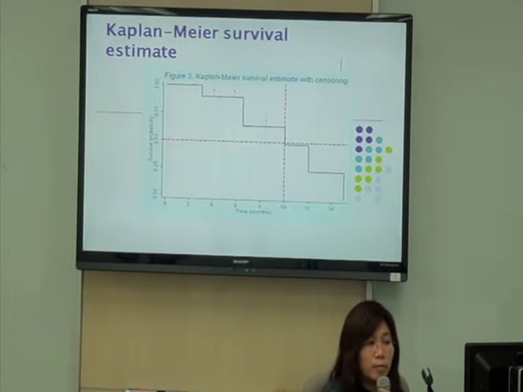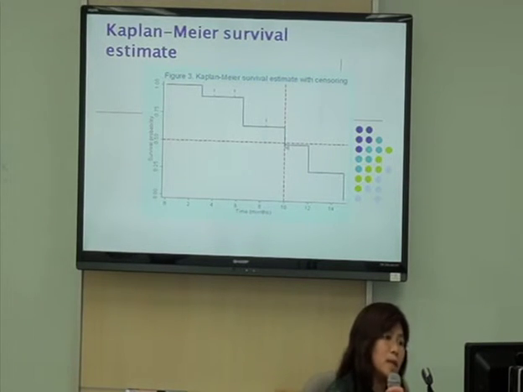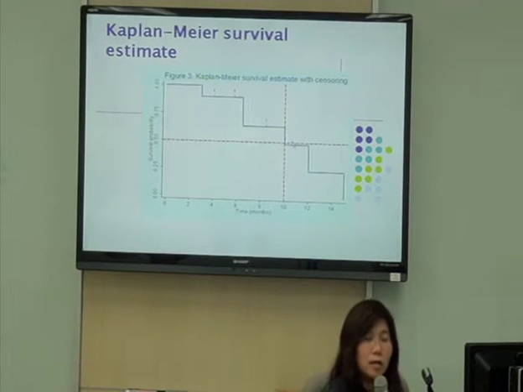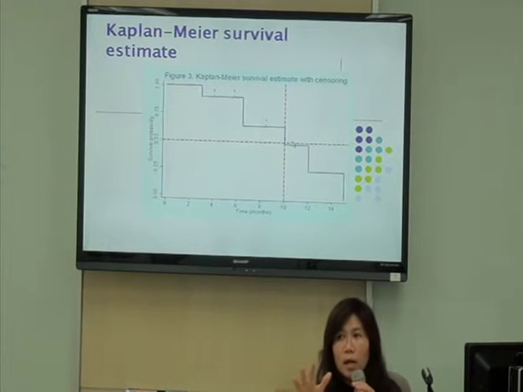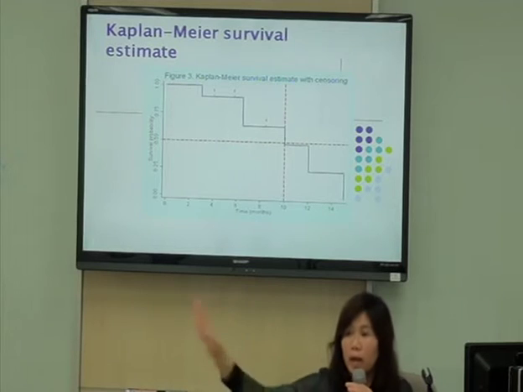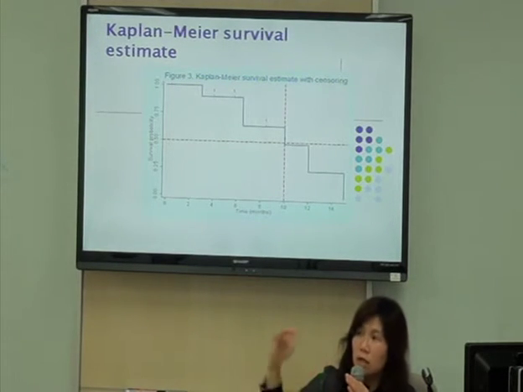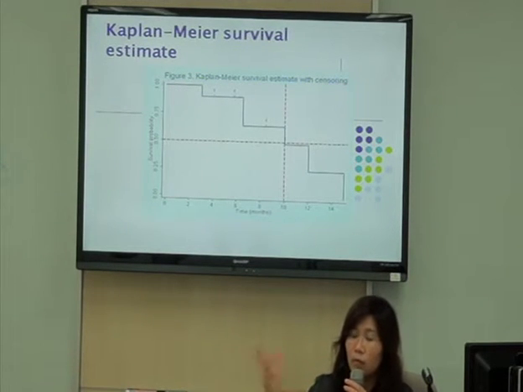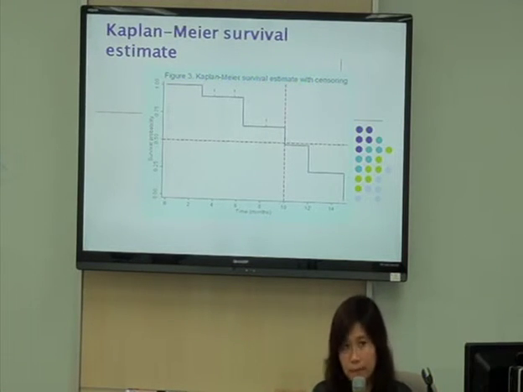If this subgroup has a median time of 10 months and another group has a median time of 12 months, 2 months apart, it means that the intervention gives a benefit of 2 months of median time, and we can calculate whether it is significant or not significant in terms of statistics.